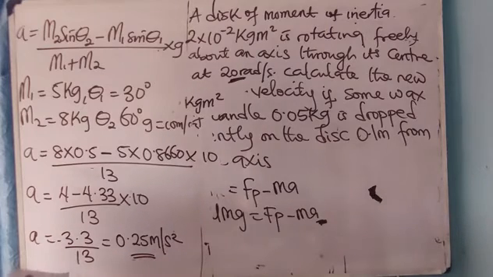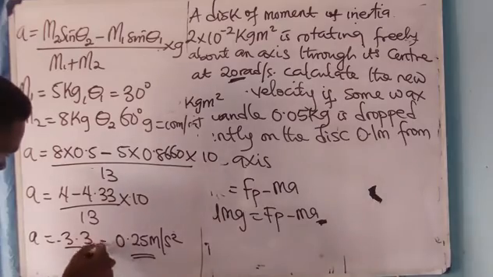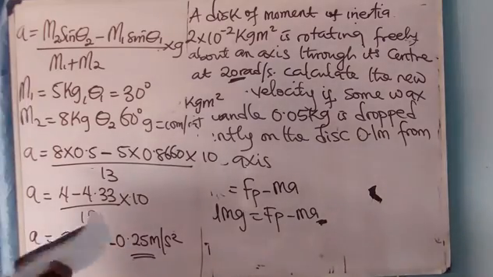So 0.33 times 10 gives minus 3.3, then divided by 13. 3.3 divided by 13 equals 0.25. So it's minus, so that is the final answer.